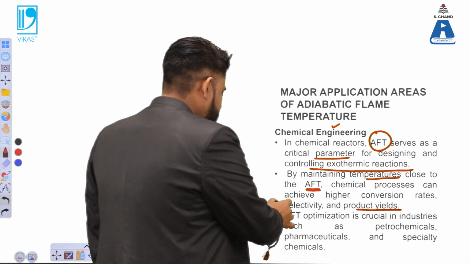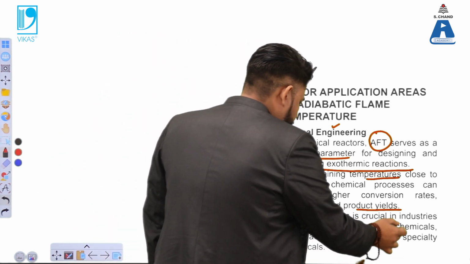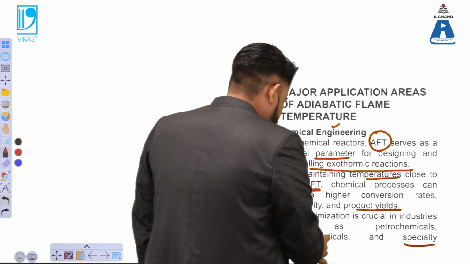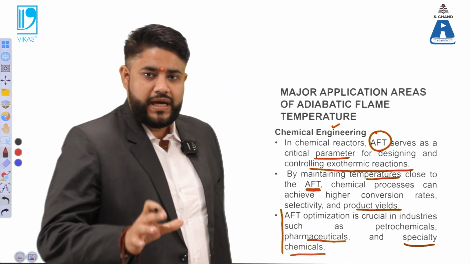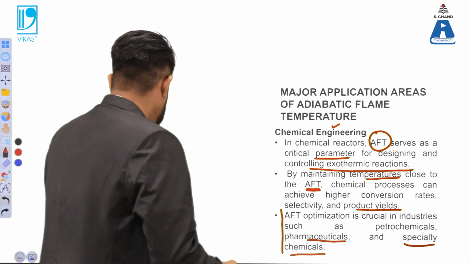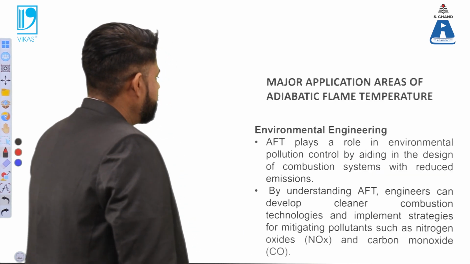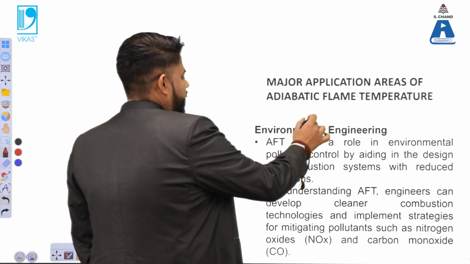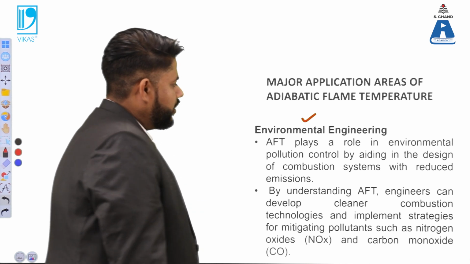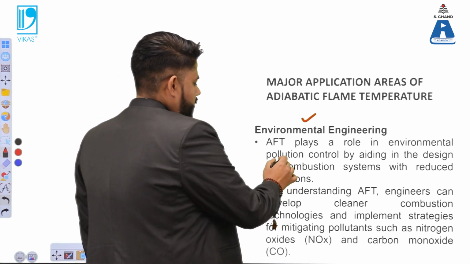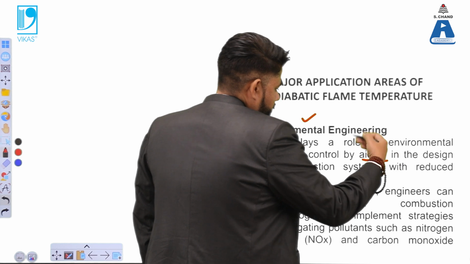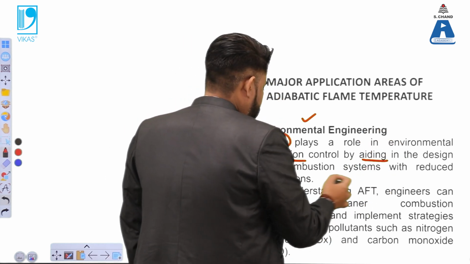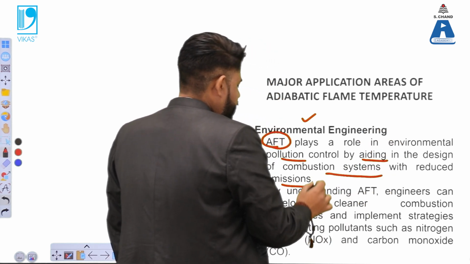And they are applicable to certain industries such as petrochemicals or pharmaceutical industries, or you can say some specialty chemicals. Then there is a categorization of environmental engineering in which it leads to pollution control. This AFT would lead to the pollution control. What aspect of the pollution control? By aiding the combustion system with reduced emissions.